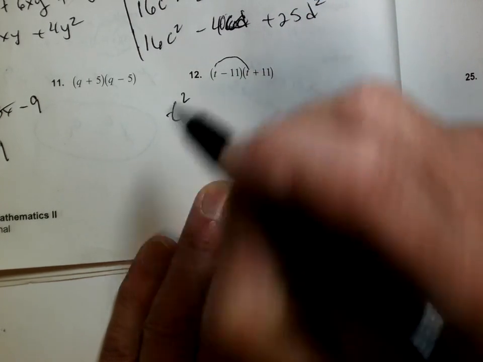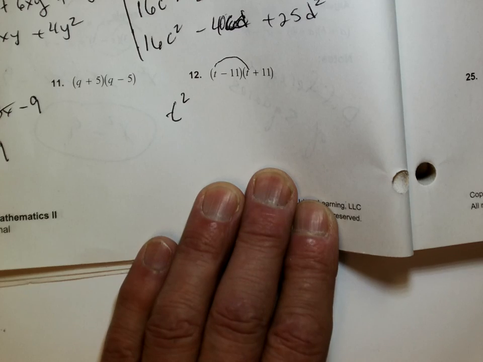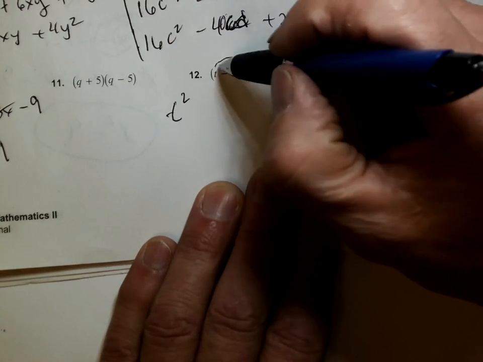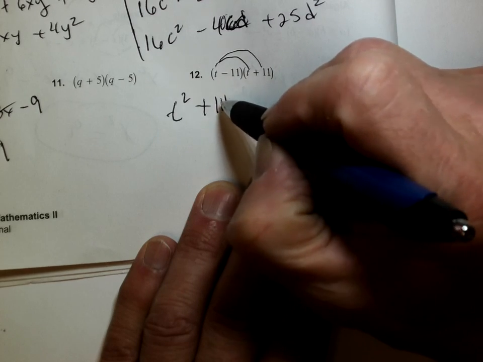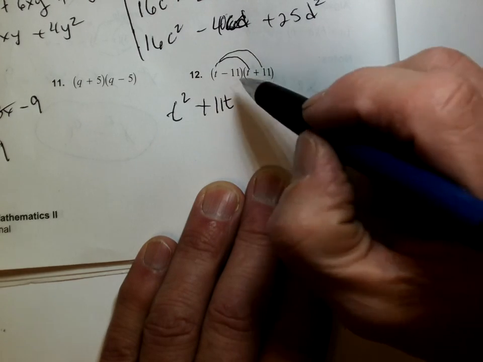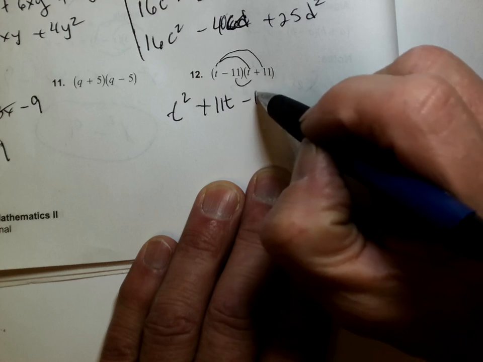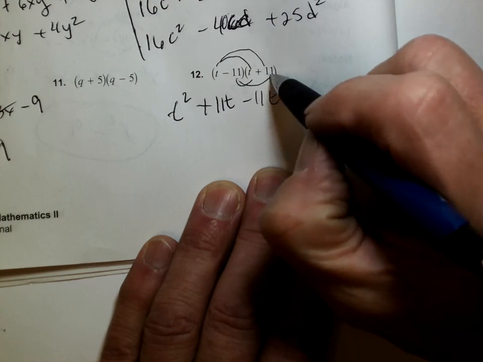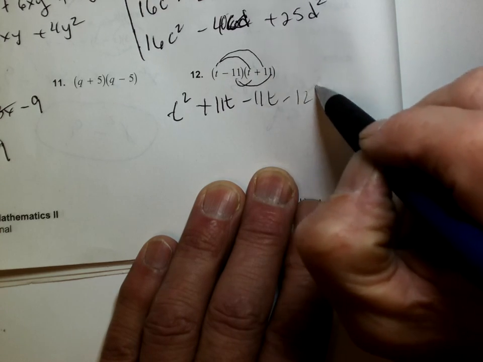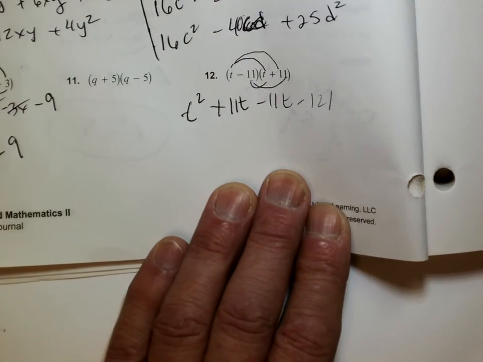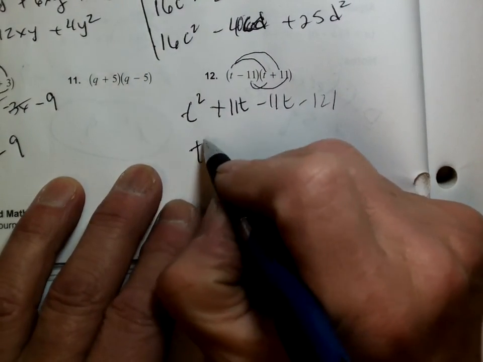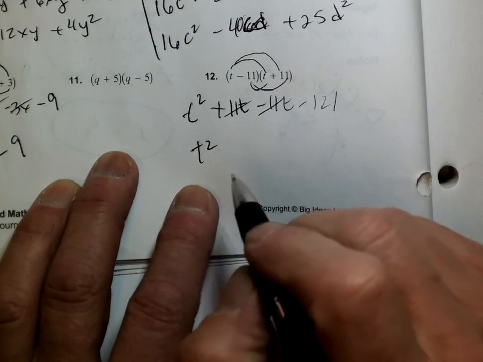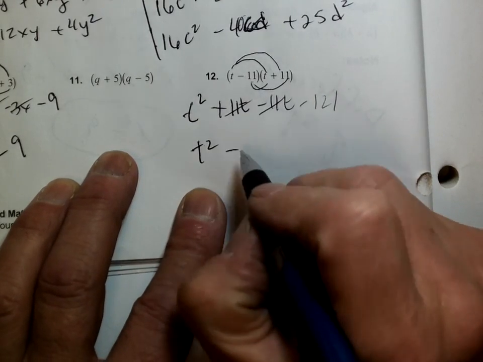Okay, I got a t squared. You guys get a t squared, right? I have a positive 11t. Then I'll have a negative 11t, minus 121, right? And then finally, t squared, the middle terms cancel, minus 121.